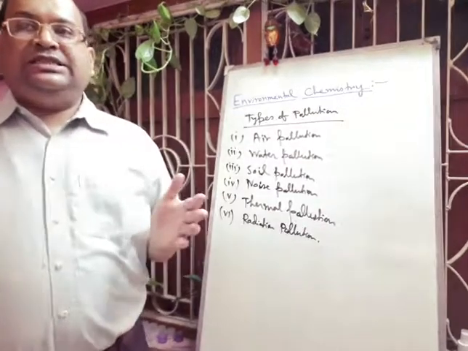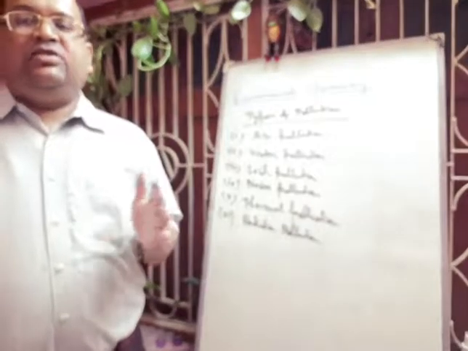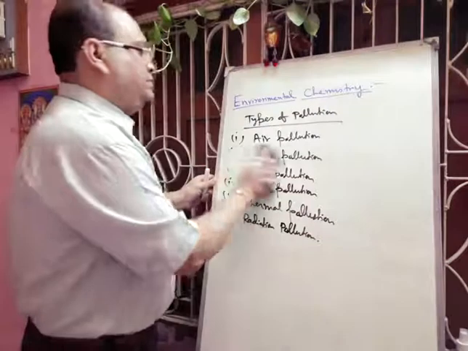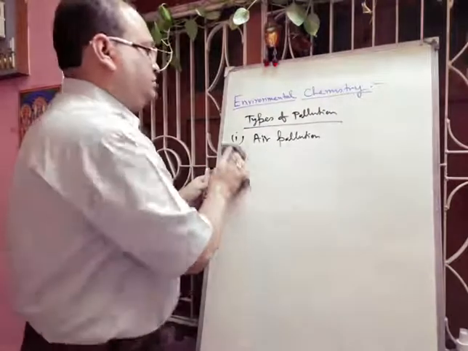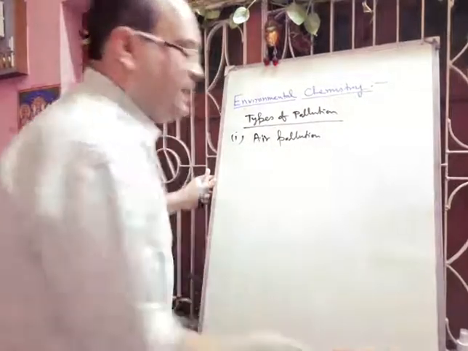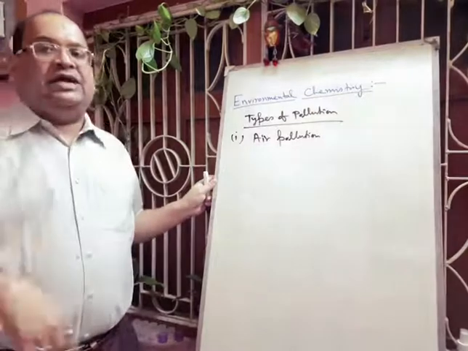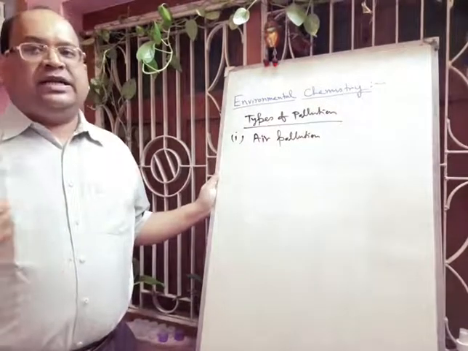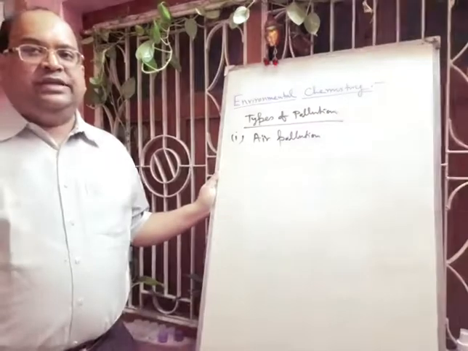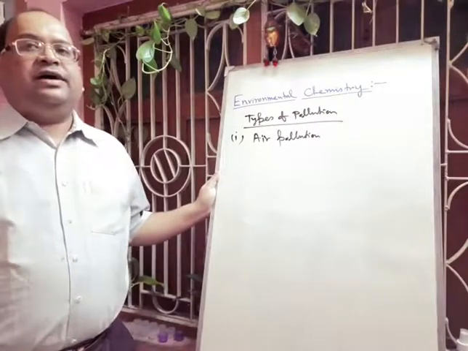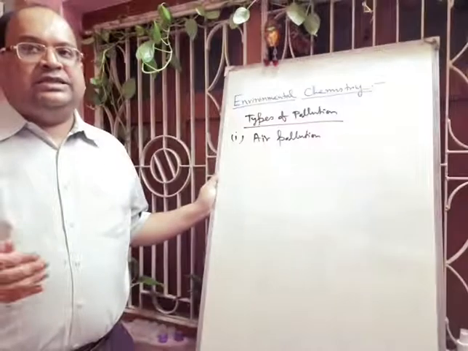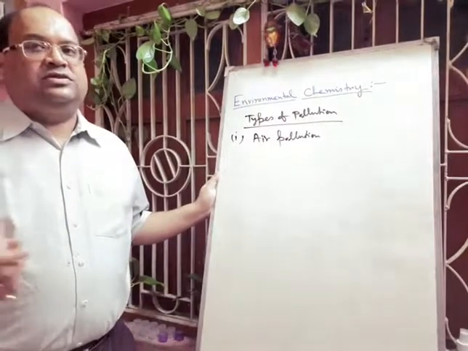Air pollution is generally studied under two types. Actually the total atmosphere is divided into different regions. All of you know troposphere, stratosphere, ionosphere, ozonosphere, in this way. So actually air pollution occurs in two spheres, that is troposphere and stratosphere.